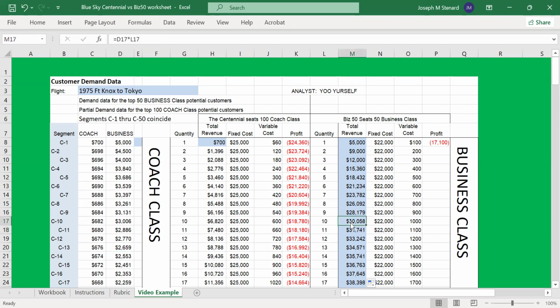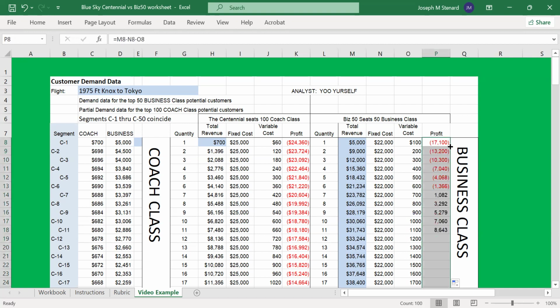So if necessary, we'll make a change here and change this value right here from what's being shown to 3,006. And then that would change it to be accurate. Right? 10 times 3,006 would be 30,060, minus 22, minus 1,000 will give us our profit.